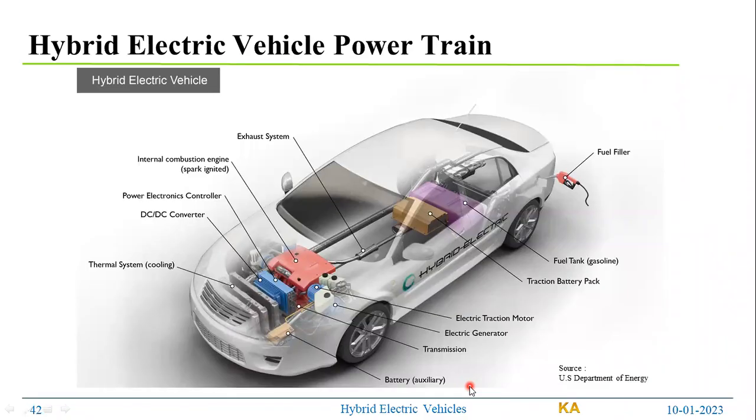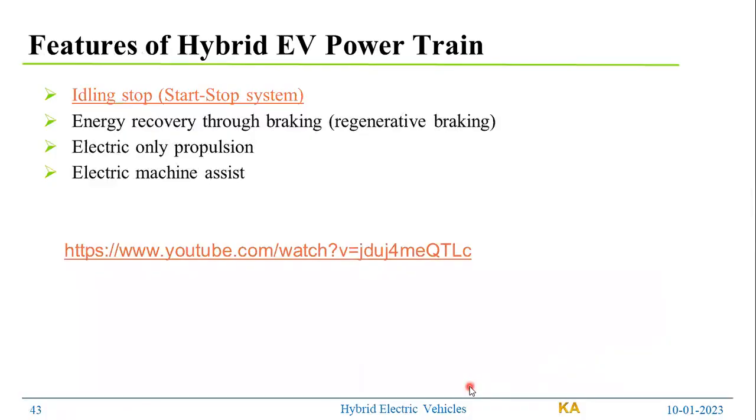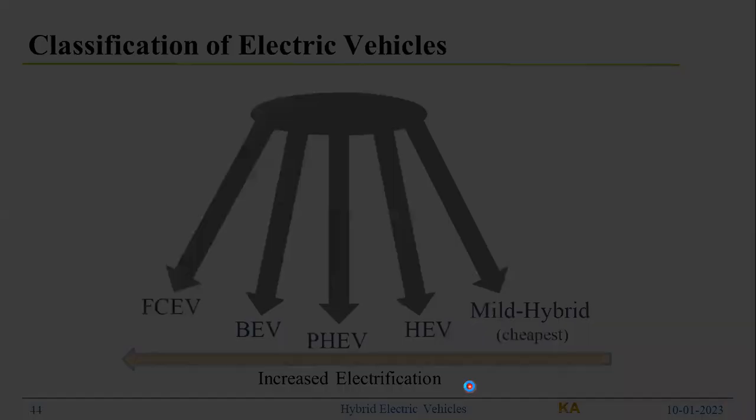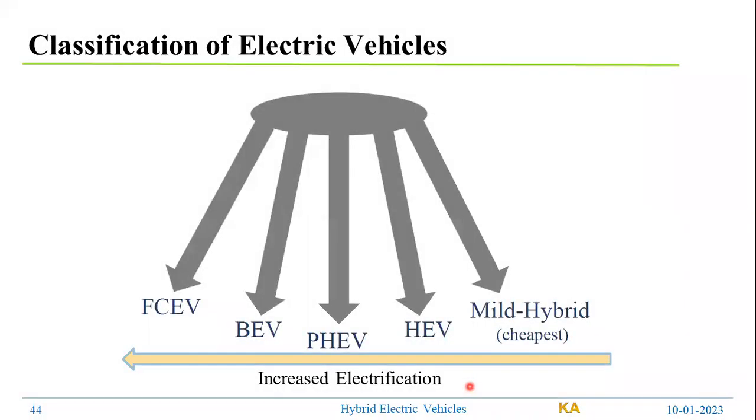Next, how do you classify these hybrid electric vehicles? They are classified differently: mild hybrid, hybrid electric vehicle, plug-in hybrid electric vehicle, battery electric vehicle, and FCVs. Before mild, there is micro, and we will also see that.